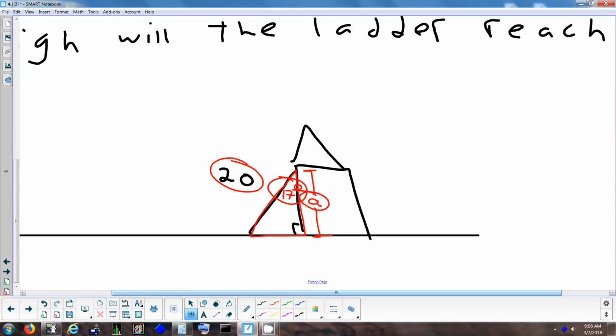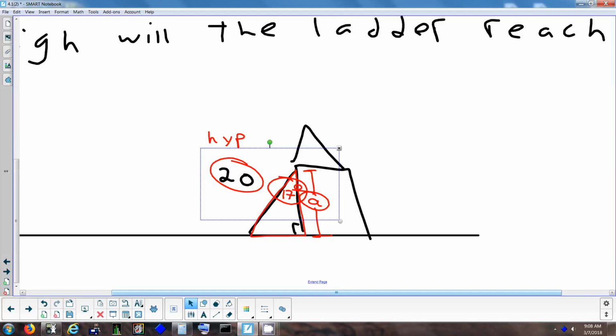From the perspective of the 17, let's start with the 20. The length of the side that's 20 units is my hypotenuse. So now in your head you should be thinking sine or cosine. Those both have hypotenuse. Now we're going to narrow it down. What's the name of the side that we've labeled A?